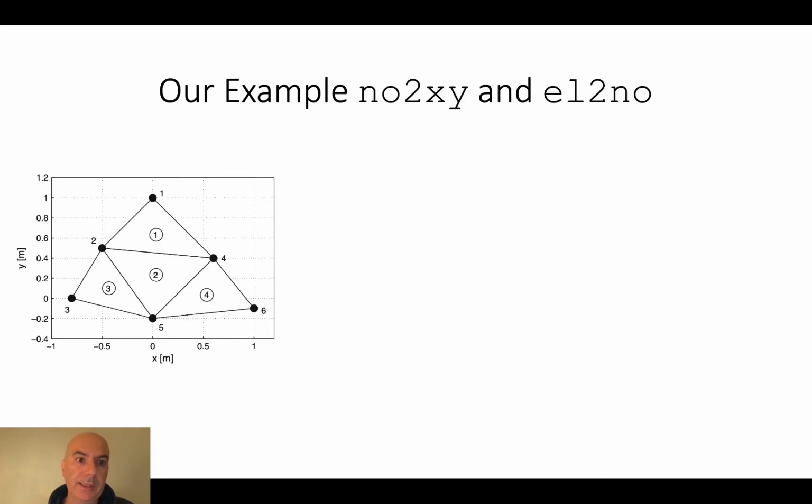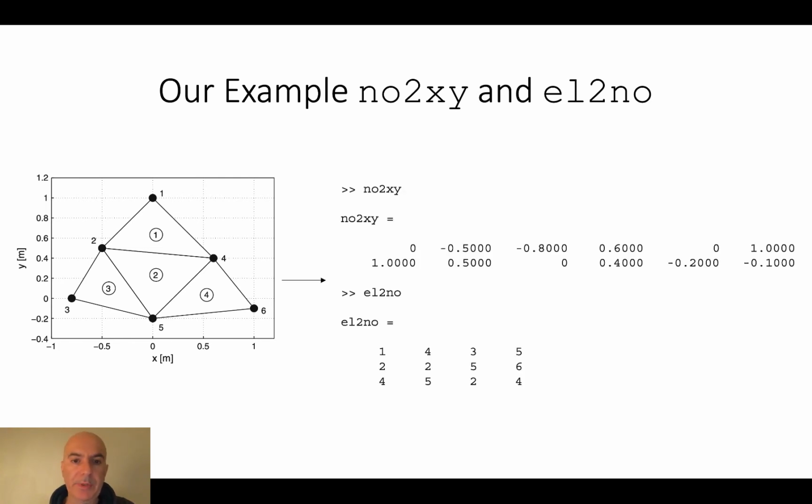So in the example that we have here, we load the mesh information for the mesh representing the left part of the slide, and we see that we have two matrices, node2XY and L2node. So each column, in this case, is the element to the node, and in this case is from the node index to the coordinates.